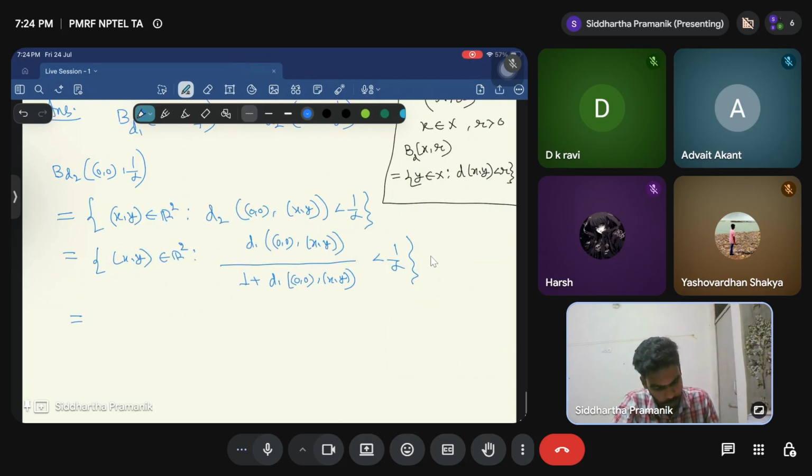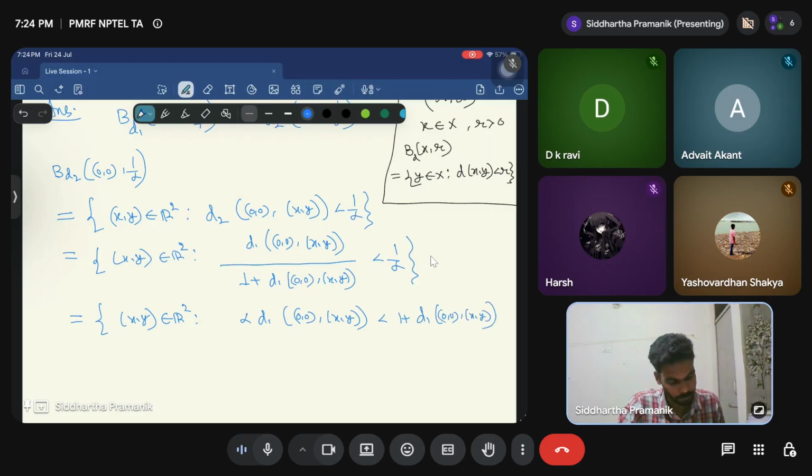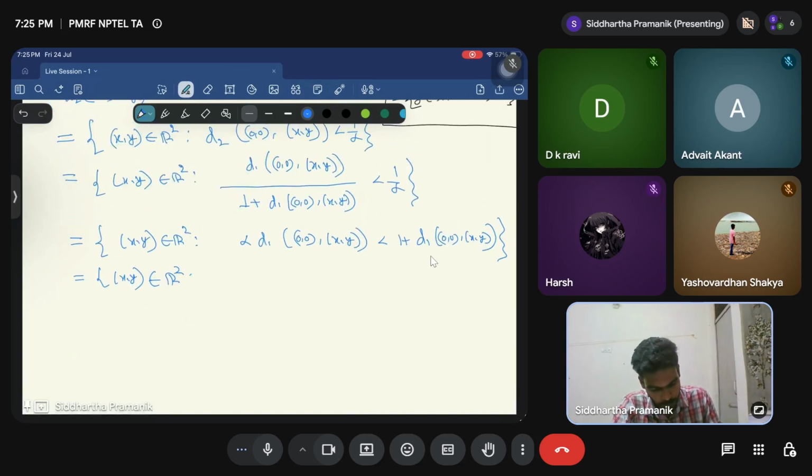Now let's simplify this. So this is alpha times d1((0, 0), (x, y)) less than 1 plus d1((0, 0), (x, y)).